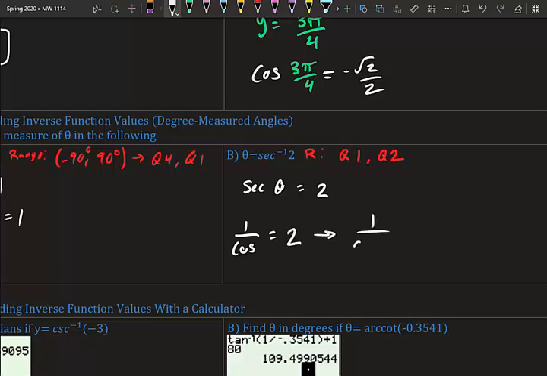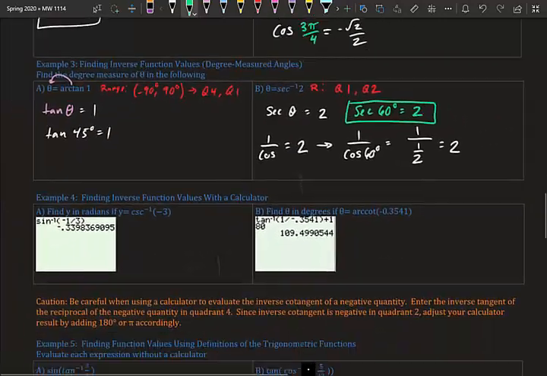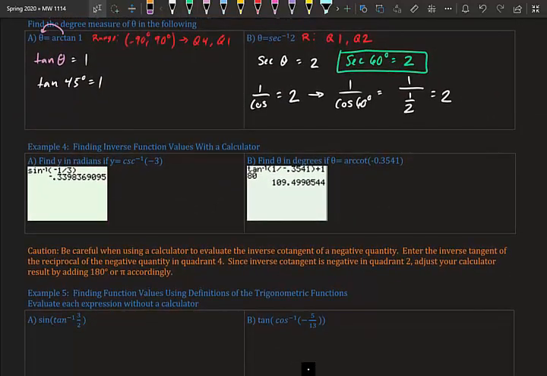If you look at 60 degrees, cosine of 60 degrees is 1/2. So we have 1 over 1/2, which is positive 2. So our answer is secant 60 degrees equals 2. I got all of that information from the unit circle.